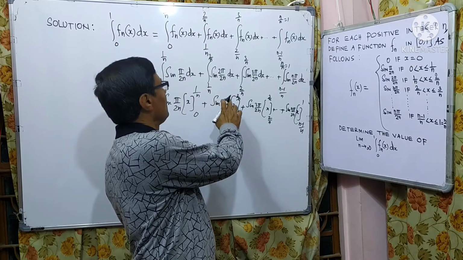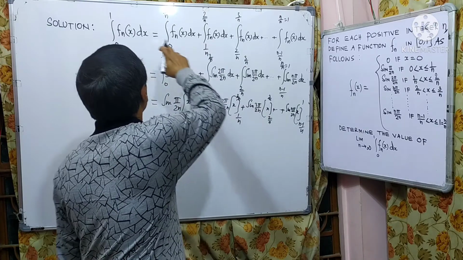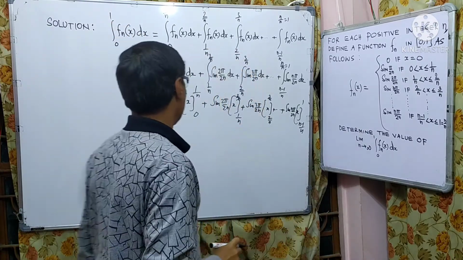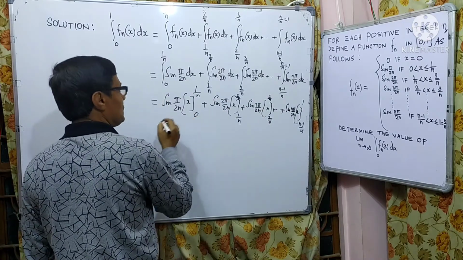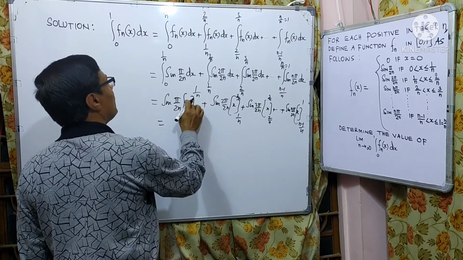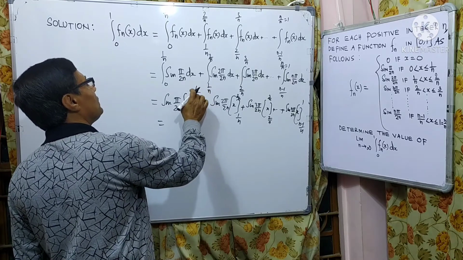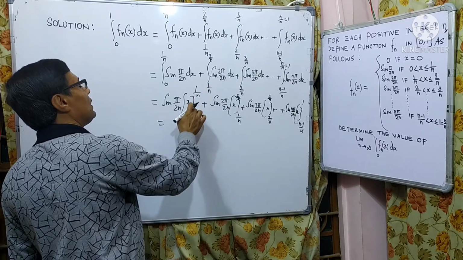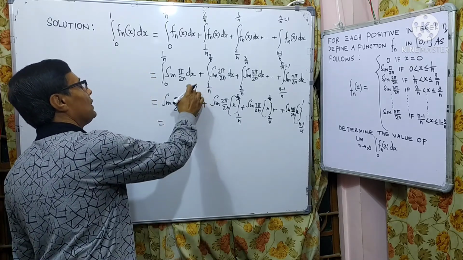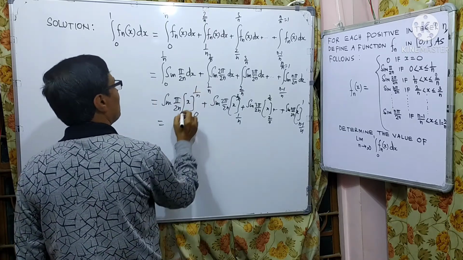These are the values of the integrals over the sub-intervals of the closed interval [0, 1]. The value of these integrals is this, and we can write this as x, with upper limit 1 over n and lower limit 0. So upper limit minus lower limit gives 1 over n minus 0, that is 1 over n. The value of this is 1 over n.